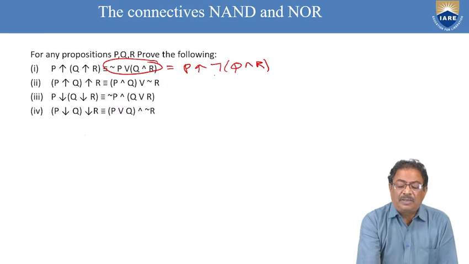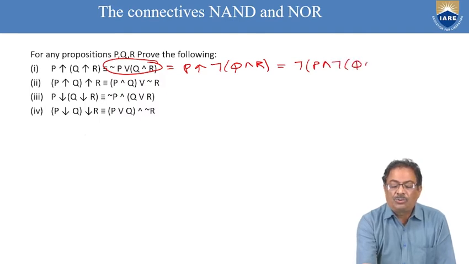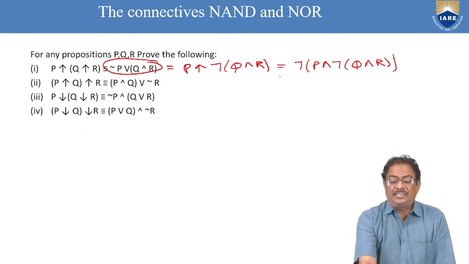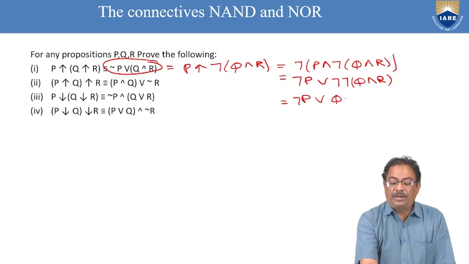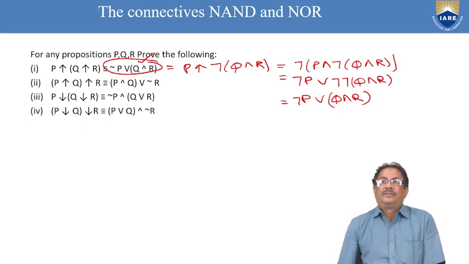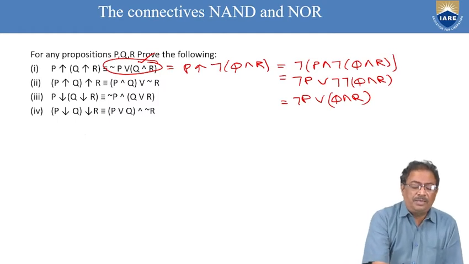So now once again this is P and this is Q. Once again negation of P and negation of (Q and R). So once again sending negation inside, it will become negation P or (Q and R). So which is equivalent to negation P or (Q and R). And similarly, we can prove the remaining also.